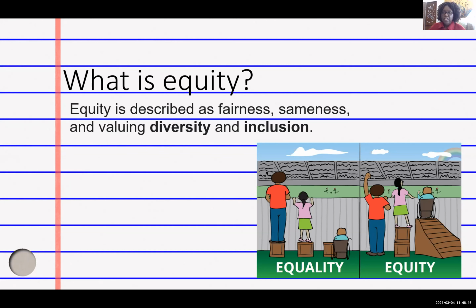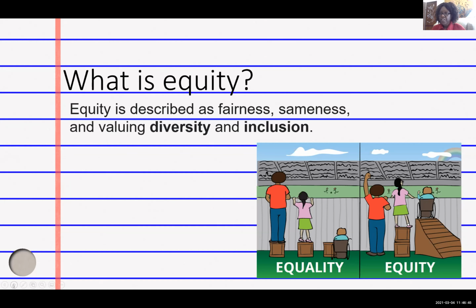I'm sure we have mostly seen the picture that's depicted on the screen. We have children who are looking over the fence. But here it is, that's fairness. Everybody is brought to the fence, but not everybody can see over the fence. That's equality.